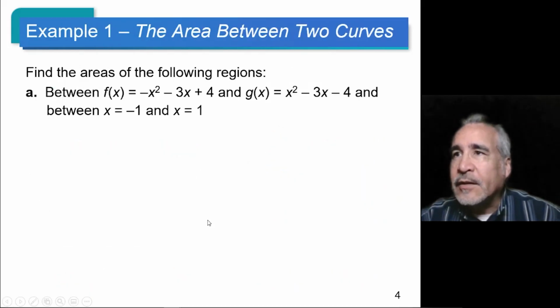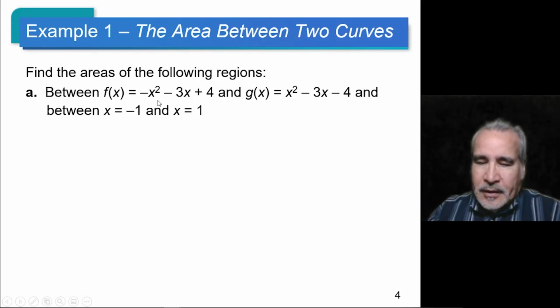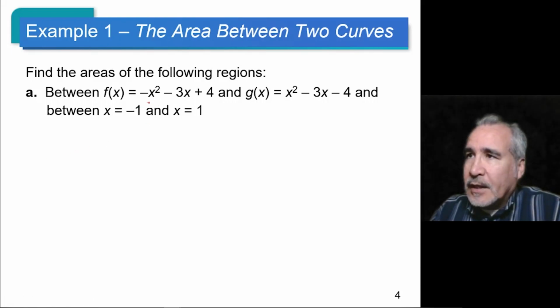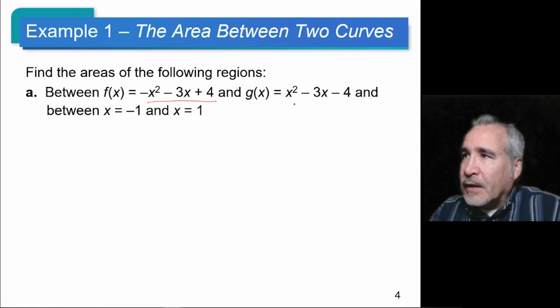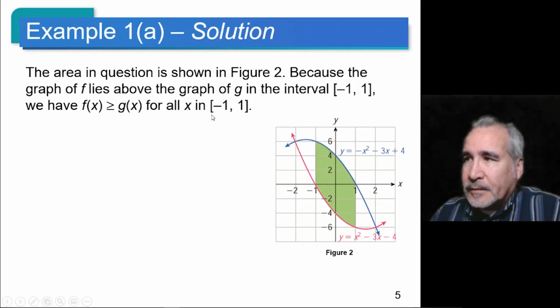Okay, so let's start this out. We're given an example here, one function, f of x, and the other function, g of x. We want the area between these functions between x equals -1 and 1.